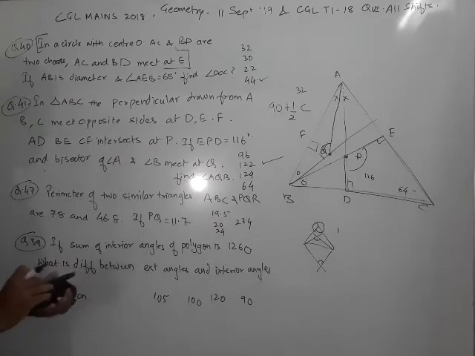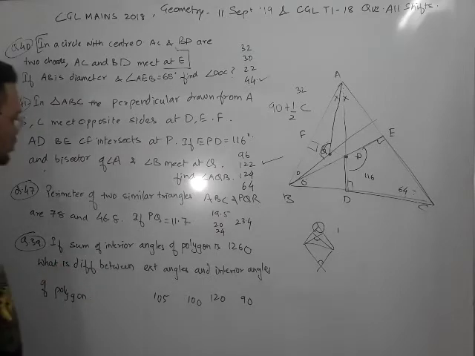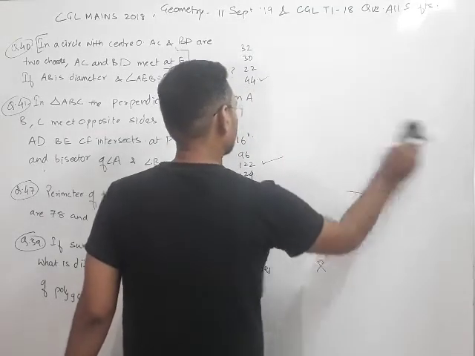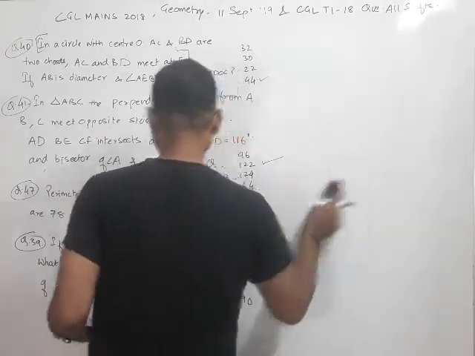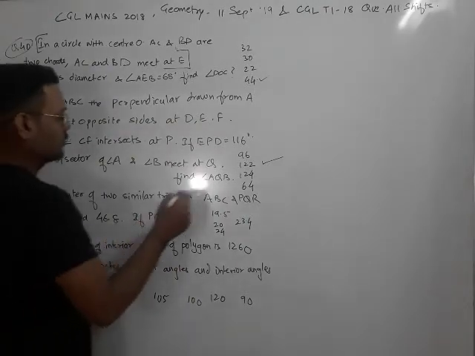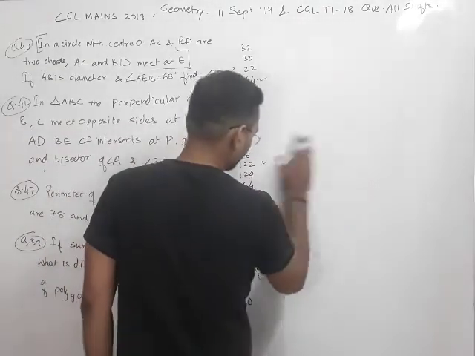Now here, this is a place where the perimeters of two similar triangles are given.